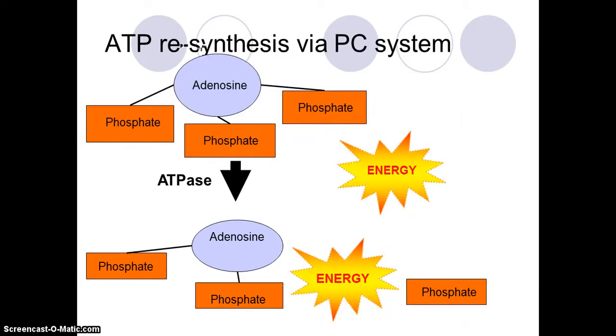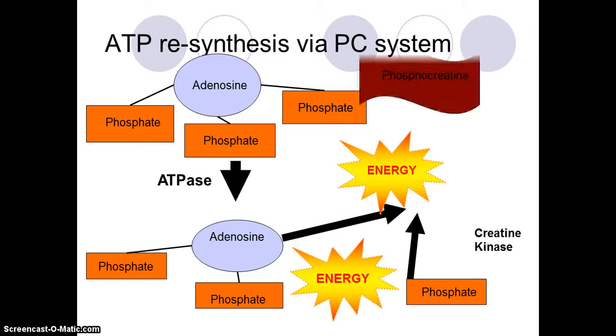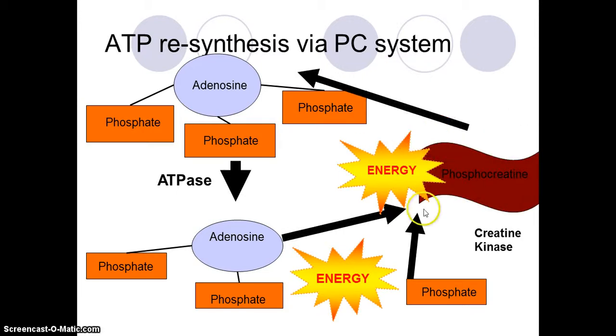If we then look at how we resynthesize ATP, this is exactly the same as what we had just before. So we're back down here. We've broken that bond to give us energy, and that phosphate is now loose from that molecule of adenosine. The introduction of an enzyme, creatine kinase, to phosphate gives us phosphocreatine. And the creatine is found in the muscles, and we'll talk about that in a little bit more detail.